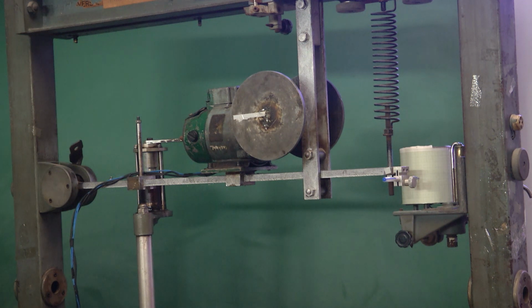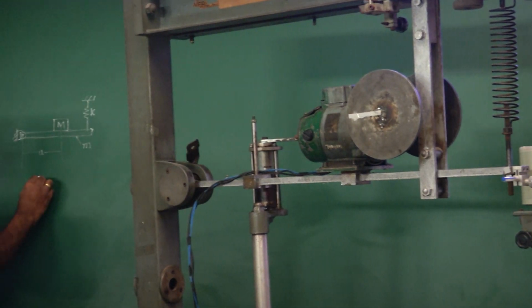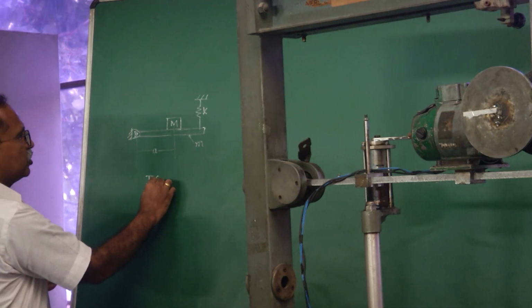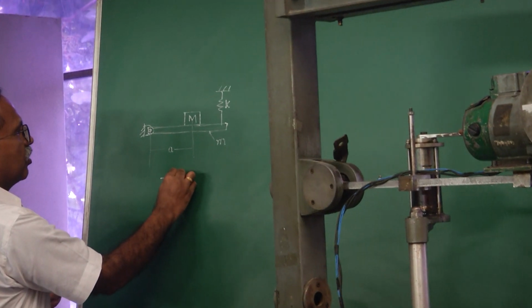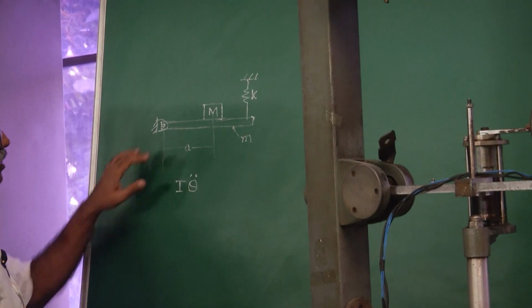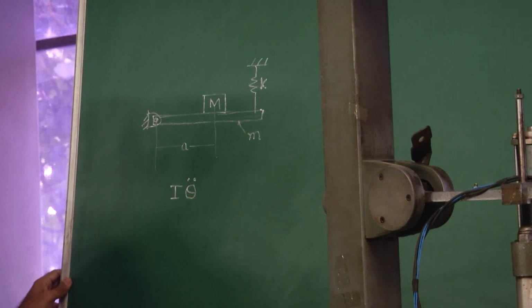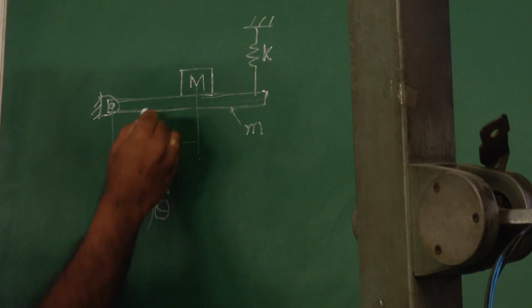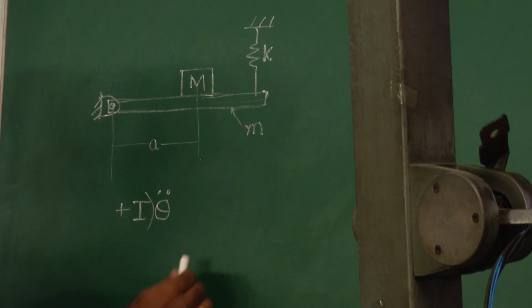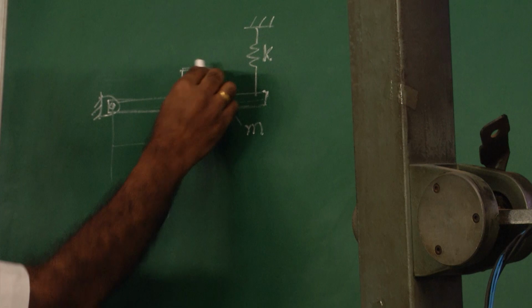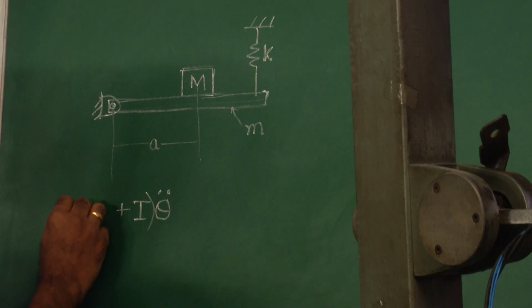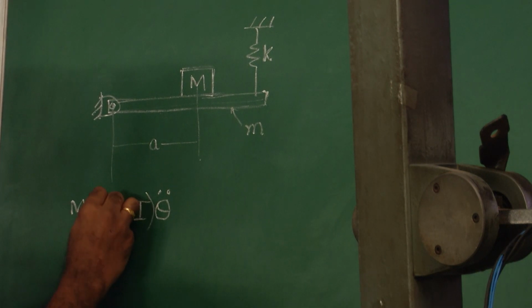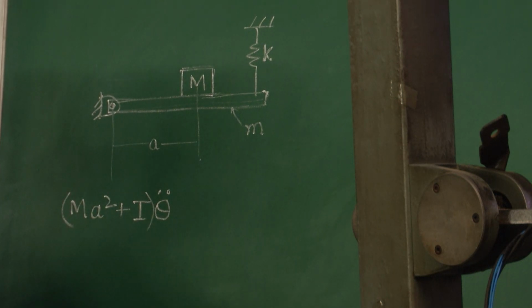Okay. So, in that case, I write the governing equation of motion as I theta double dot, where I is the mass moment of inertia of this beam. And I can add to this mass moment of inertia of the beam the inertia because of the motor mass, and therefore, I can use m a square as the additional inertia. Okay.